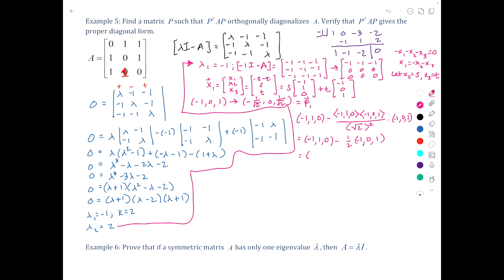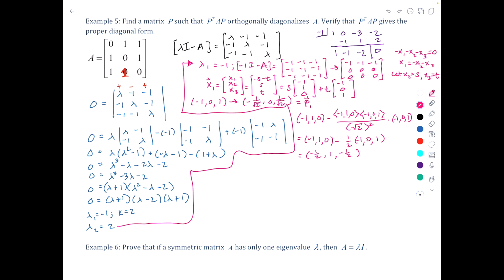So we'll have negative 1 plus 1/2 is negative 1/2, and then 1 minus 0 is 1, and 0 minus 1/2 is negative 1/2. And then do you see that the magnitude of that is going to be 2 squared plus 2 squared is 4 plus 1. So this vector is orthogonal, okay? Now we have to normalize it.